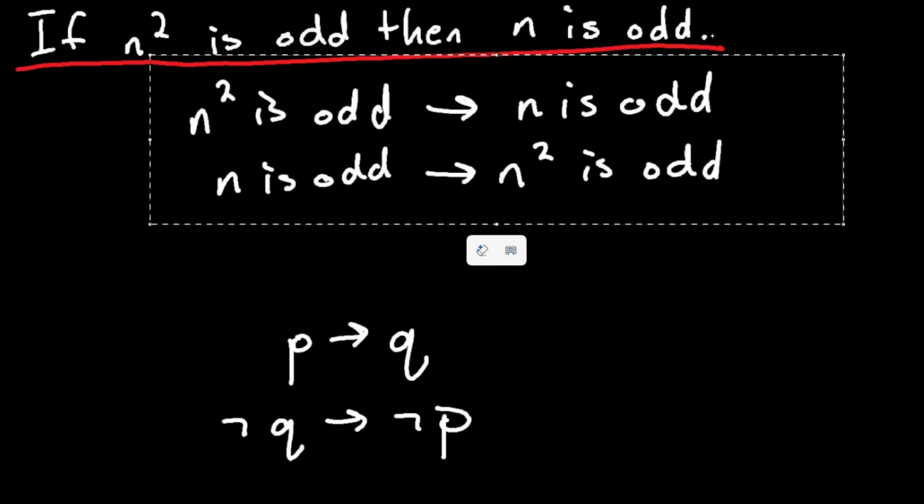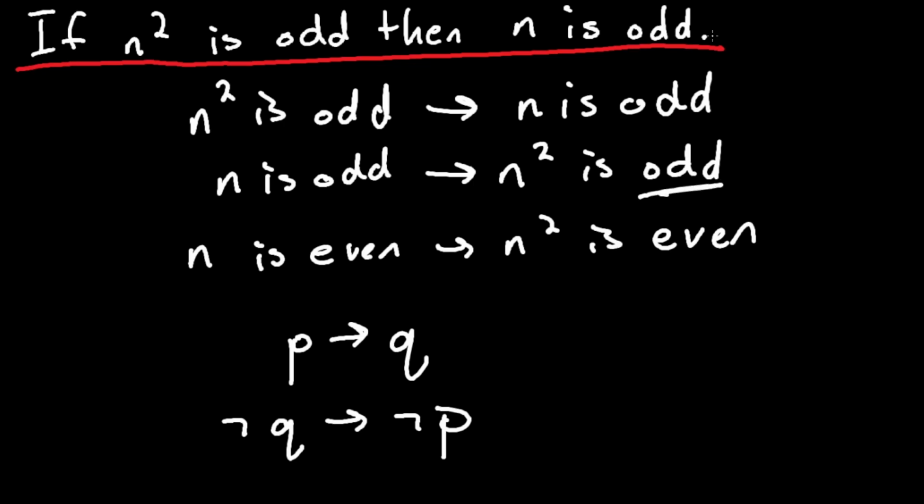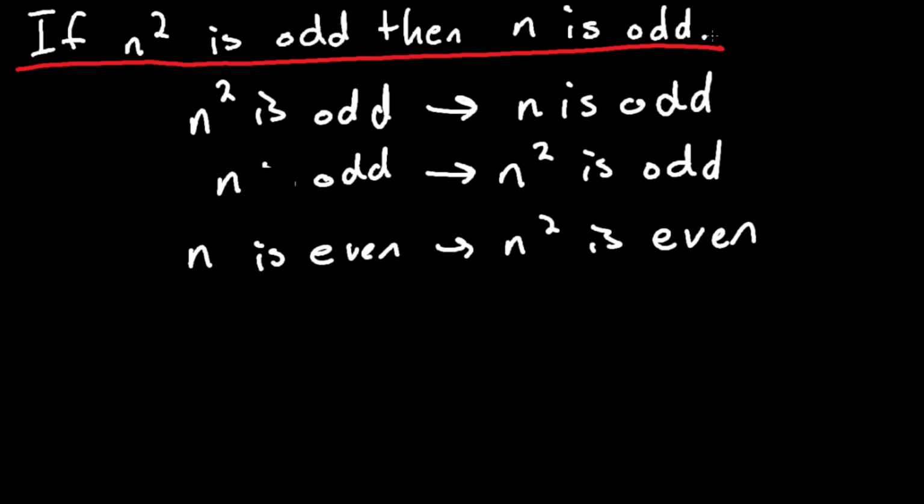Well, the inverse of an odd number is n is even. So n squared is also even. We need to take the inverse of both sides. The inverse of the statement n squared is odd is n squared is even. So this right here is the contrapositive.